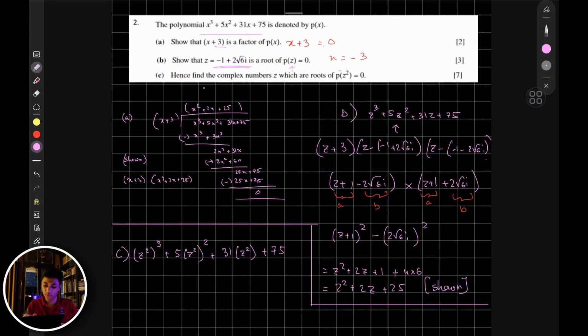So what is the question? Hence find the complex numbers z which are the roots of p of z square. So let's go step by step.